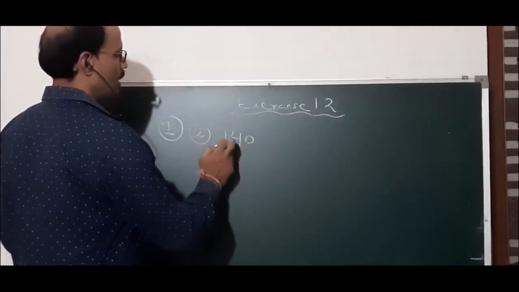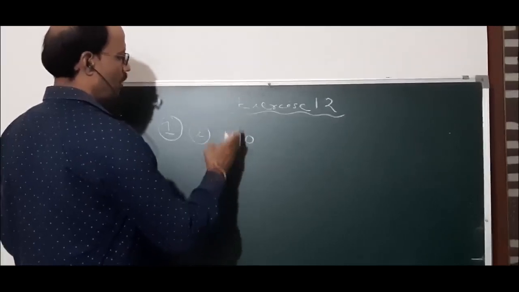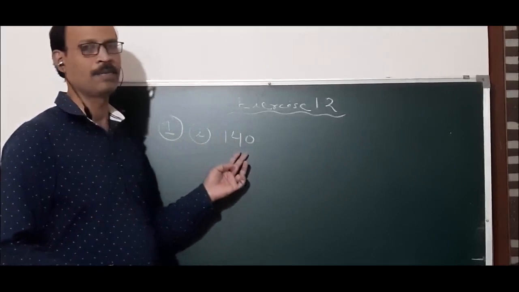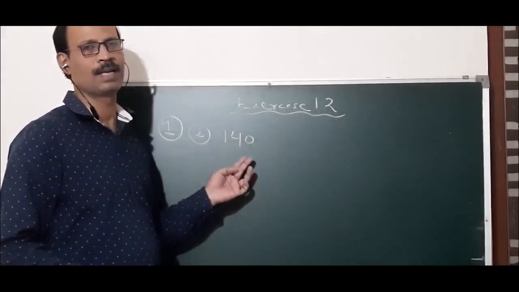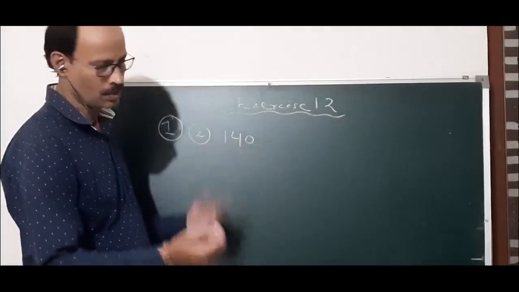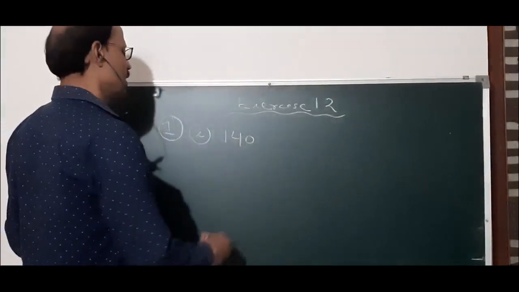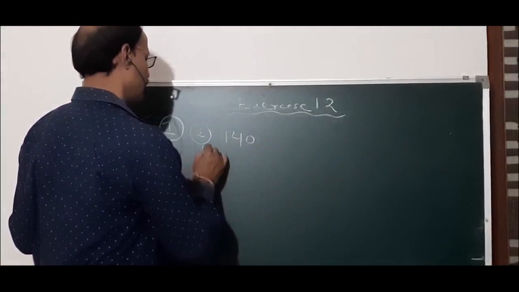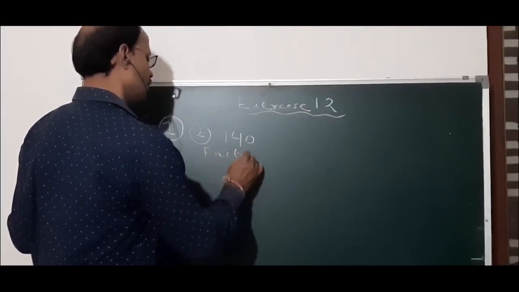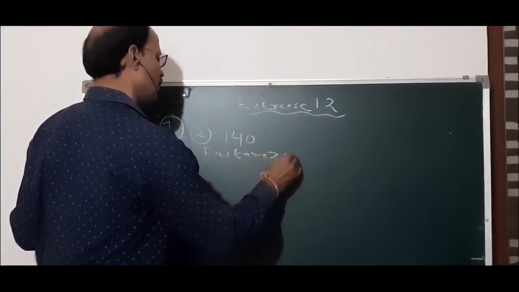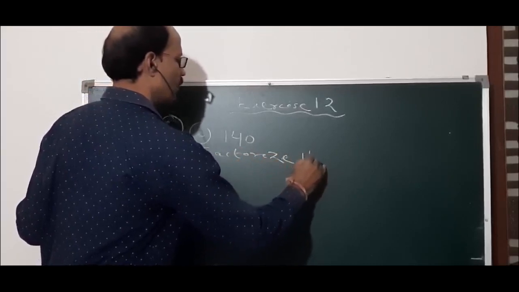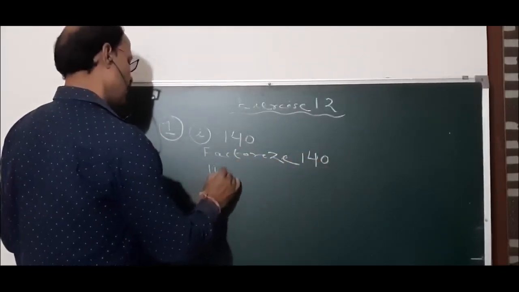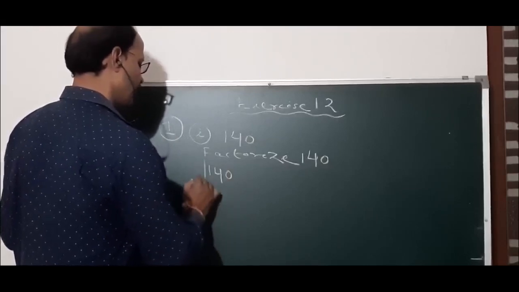So you have to write this as the product, meaning multiplication, of its prime factors, meaning its prime numbers. So what do we have to do? The same process. First we have to factorize 140.